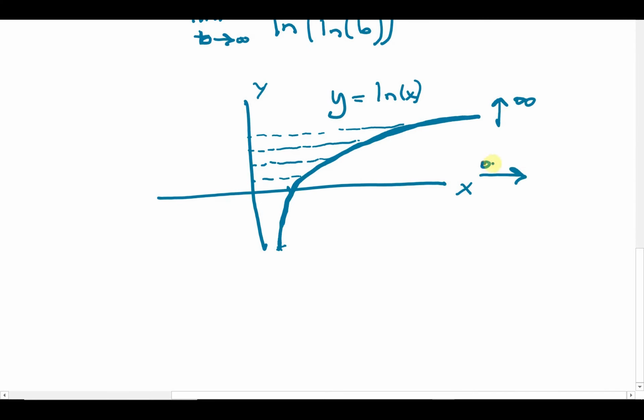As x tends towards infinity, ln x tends towards infinity. It keeps going, so these outputs on the y-axis keep going towards infinity. Even though the function seems to be getting less and less steep, it still continues and always increases.